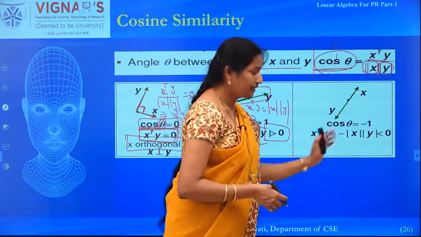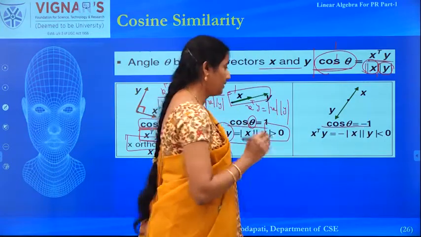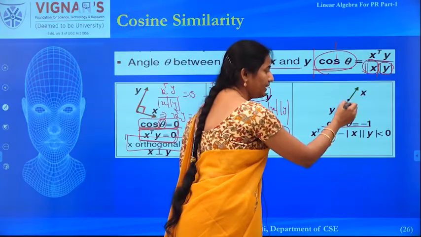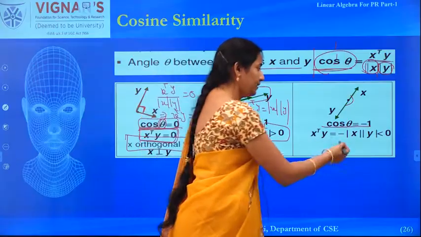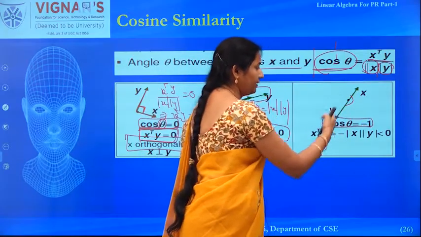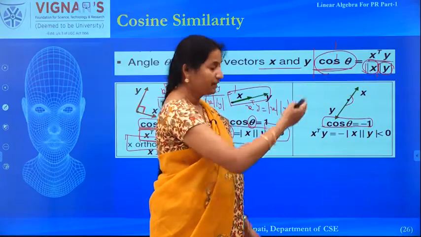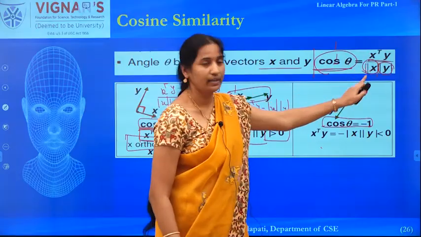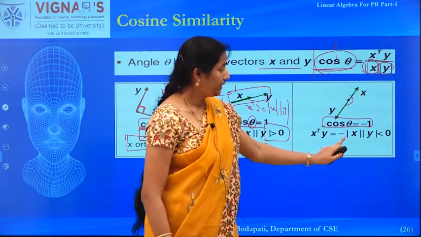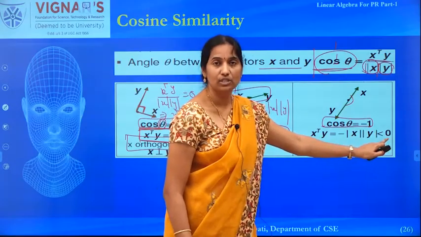Now consider the other case when your cos theta is minus 1. That means the theta value is 180 degrees. From this I can write x transpose y by norm of x into norm of y equated to minus 1. Simply from that I can say that x transpose y equals the negation of norm of x into norm of y, which is always less than 0.